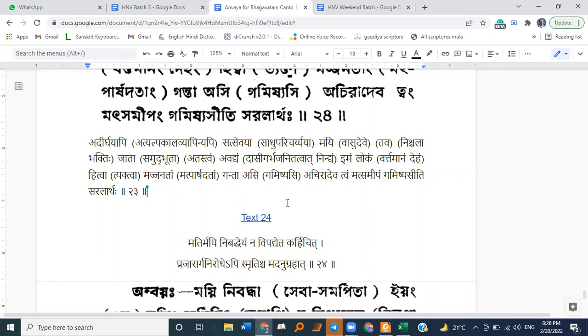Okay. Anything here? So this Nindyam, it looks like it is to be criticized? Yeah, generally, conventionally, Nindam is like criticized, but here, let's see in the dictionary.